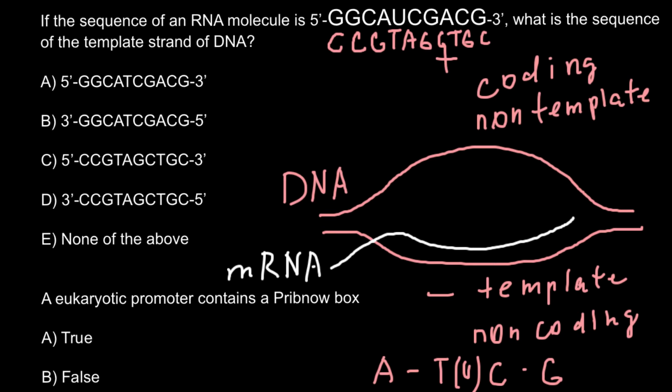So in order to assign ends here, you have to know that messenger RNA is always transcribed from the 5' end. So as you see here, the transcription started here and goes in this direction, and the first loose end would be the 5' end.